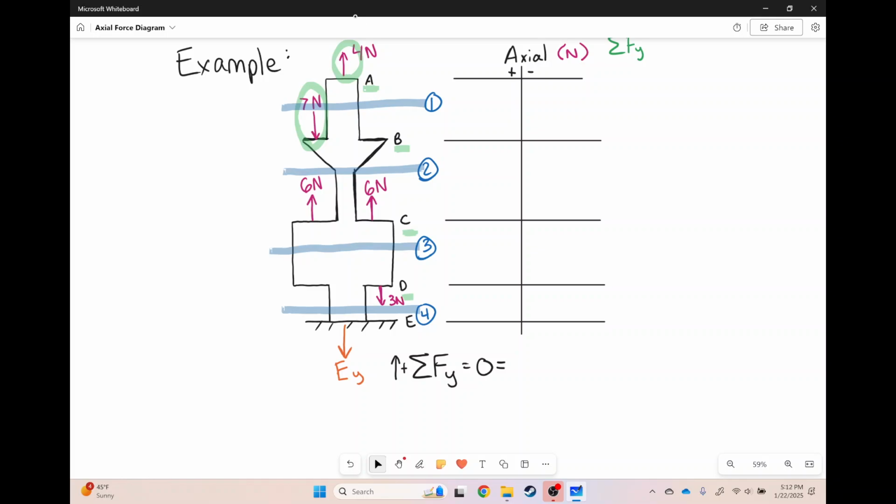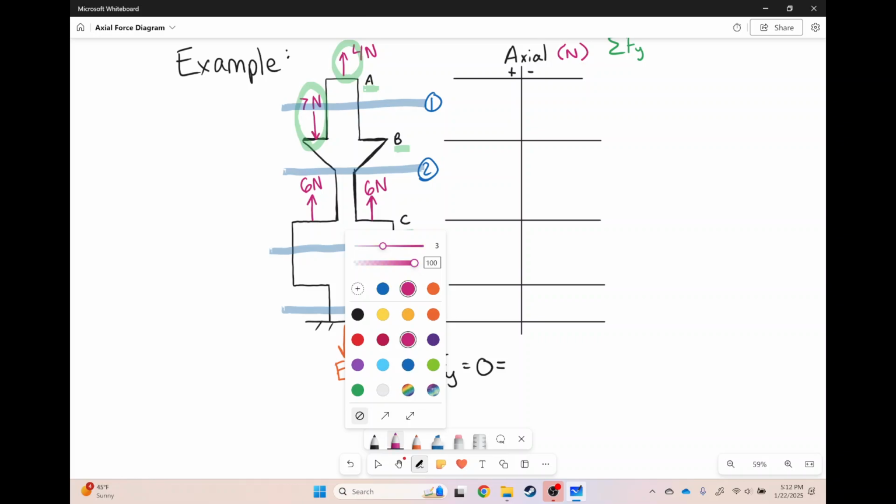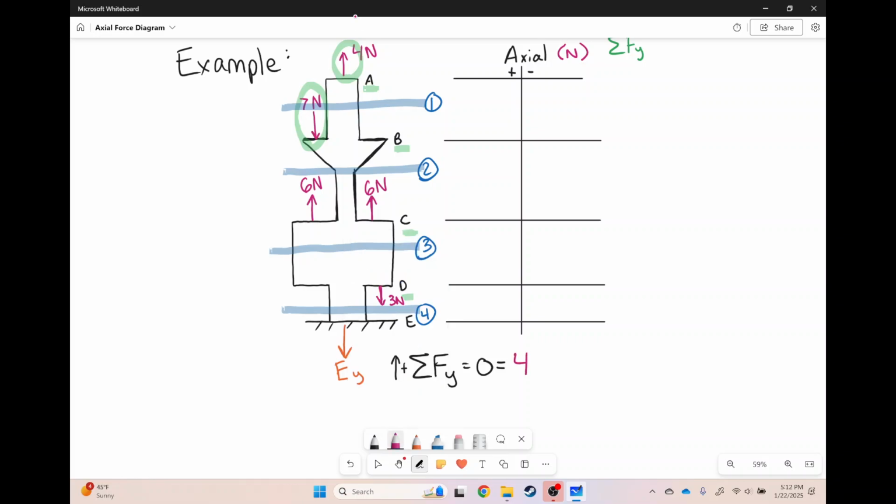So we start off, maybe we should draw it with colors just to make sure everybody's on the same page here. We've got 4 newtons going up, then there's a 7 going down, so that's minus 7. Then we have 2 forces of 6 both going up, so we have plus 2 times 6 newtons going up.